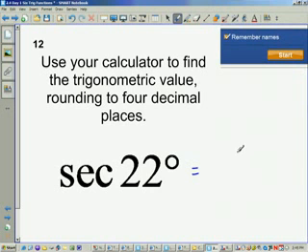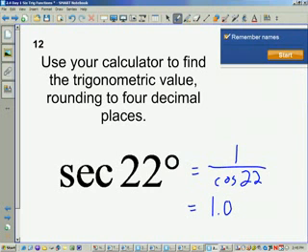Now, for secant of 22, your calculator doesn't have a secant button, so we need to push 1 over cosine of 22. So I'm going to go to my calculator, 1 over cosine 22. That's 1.0785.